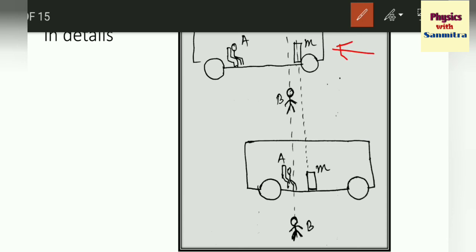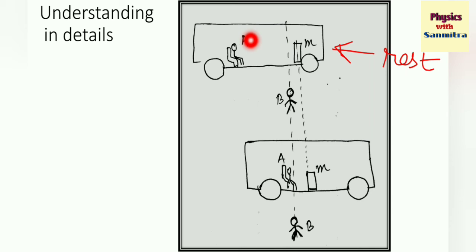Observer A is not feeling that the bus is moving forward. Say it's a super luxury bus with all kinds of shock absorbers, so there is no jerk in the bus. Super smooth journey. Now observer A is not feeling that this bus is moving.